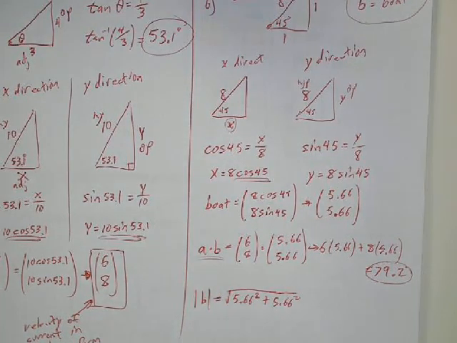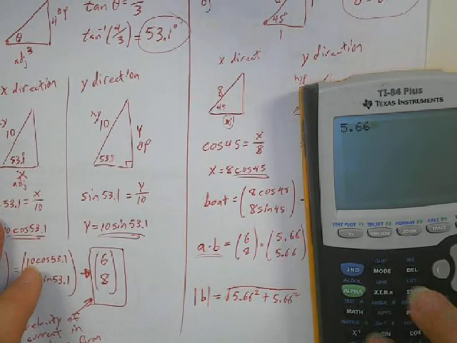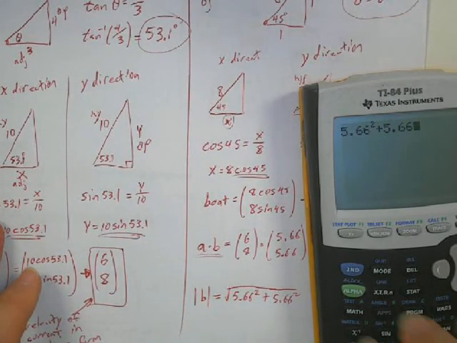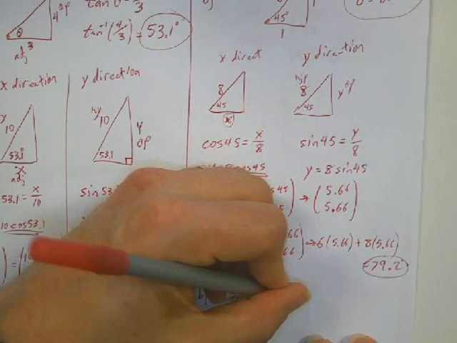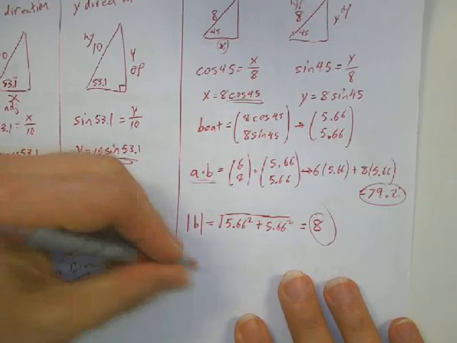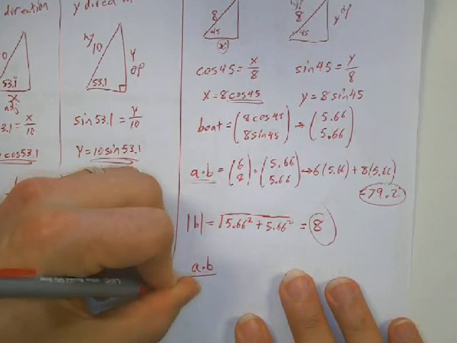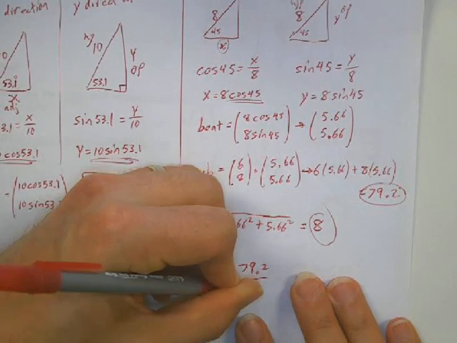Square root of that, and let's just call that 8. Okay, so this is equal to 8. So now I can say A dot B over the magnitude of B gives me 79.2 divided by 8.